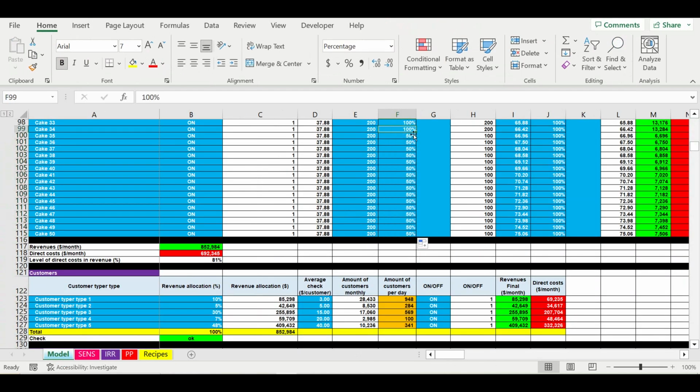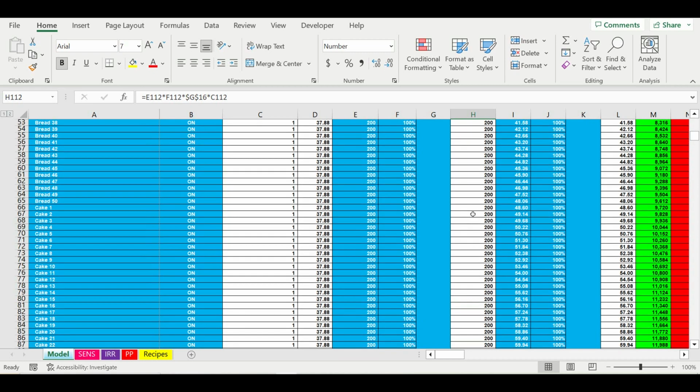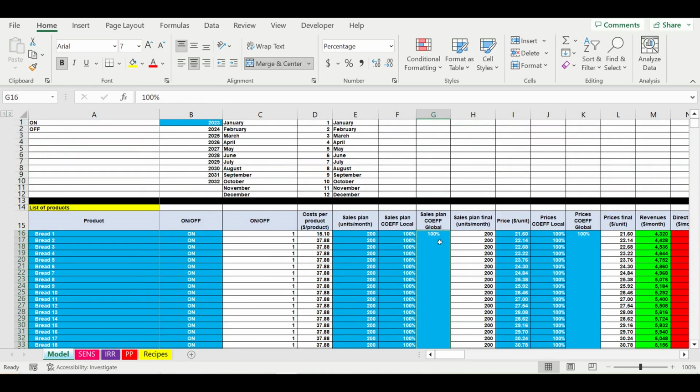Playing with these items, the business owner starts understanding the strengths and weaknesses of his business idea. He starts playing with global coefficients first, then dives deeper into the local coefficients.